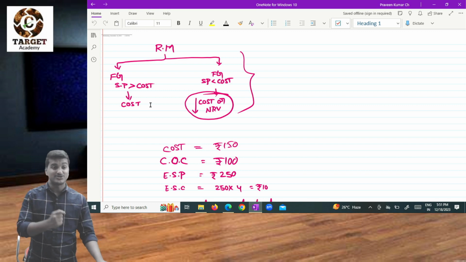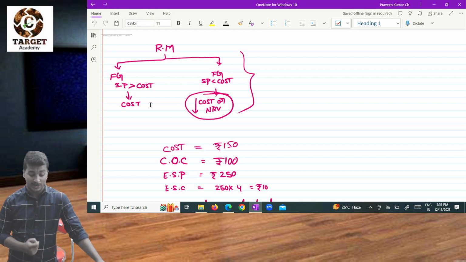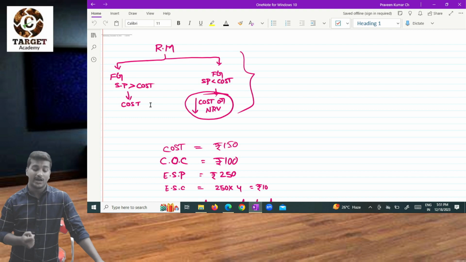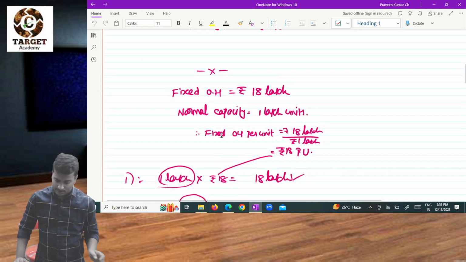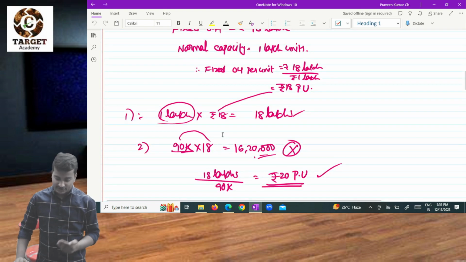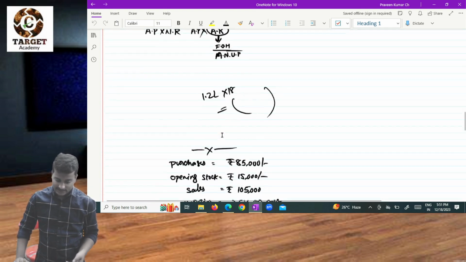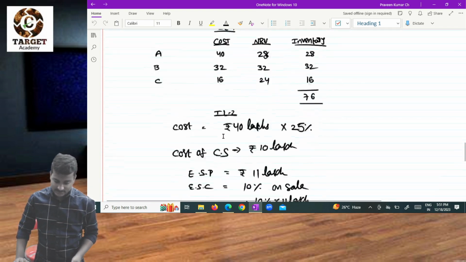If your finished goods selling price is less than cost, you should record it at cost or NRV, whichever is lower. Then we discussed few problems, how to allocate fixed overheads.